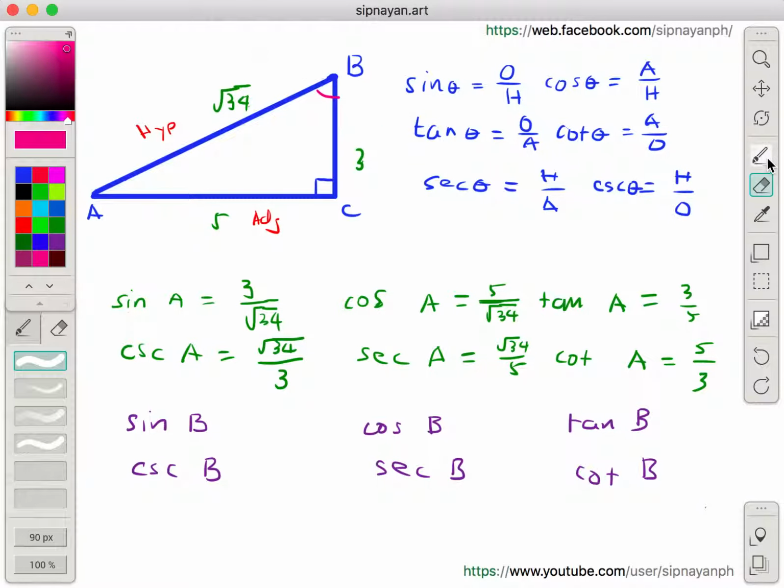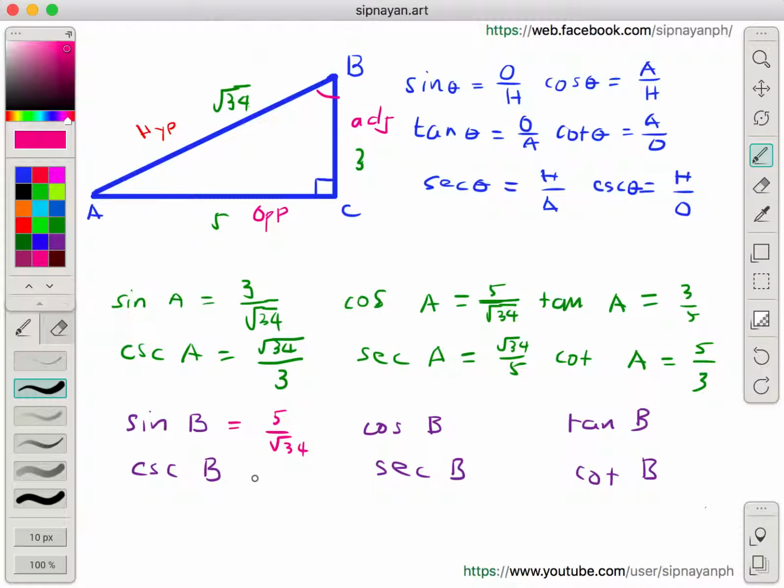That's the adjacent of angle B. So, ito na yung maging adjacent ko. At pag angle B na yung titignan natin, ito na yung maging opposite side ko. So, sin B is equal to opposite over hypotenuse. Opposite side is 5 over the hypotenuse square root of 34.